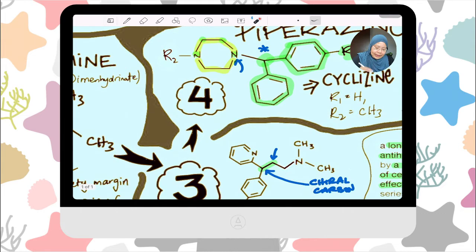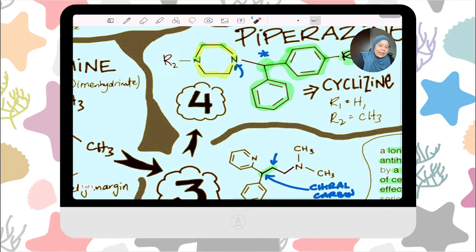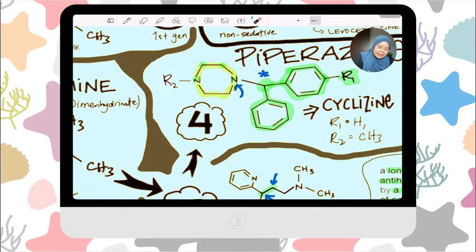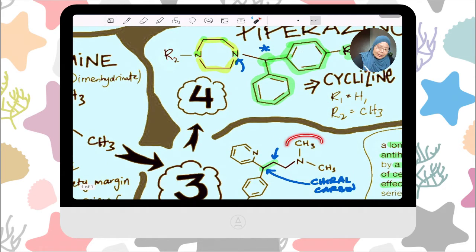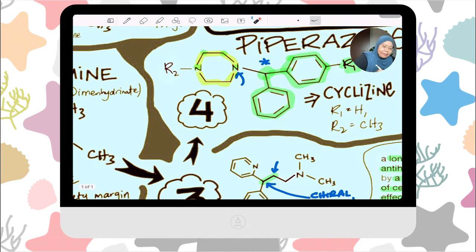Here, 1, 2, 3, there are only 3 atoms away. That's a big difference. The second big difference is that the piperazine family no longer has the dimethylamino group. They only have this group, R2, which can be CH3. This part of the molecule has been made into a ring, but here they have simplified it. There's only one CH3.